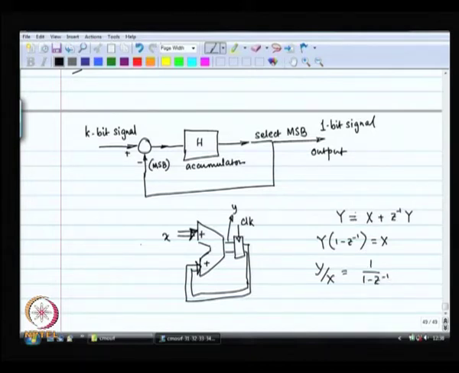So, this is the transfer function of this kind of a system. Now, if you pick y from here, you have got this. If you pick y out of this point, then you have got a delayed version of that. So, you will get z inverse by 1 minus z inverse, that is the only difference, right.